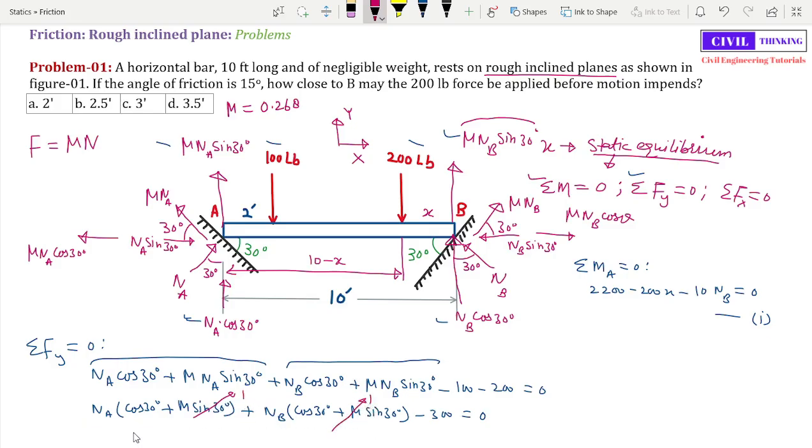So what I get is Na plus Nb minus 300 is equal to 0. When I move this 300 to the left, what I get? Na plus Nb is equal to 300. Okay, so I will write here summation of force about y-axis is equal to 0. What does it give? It gives us Na plus Nb is equal to 300, right? So let me erase this first.